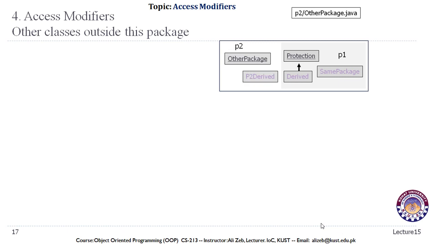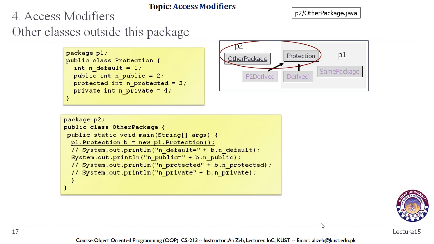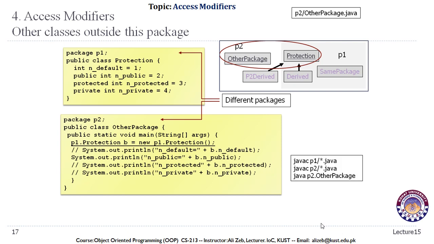we have two packages P1 and P2, and if we try to access the variables or the methods of the protection class that is declared in P1 from some class that is declared in P2, that is a different package, in this case the other package class, we may not be able to access the protected variables, the default variables, and of course the private variables.